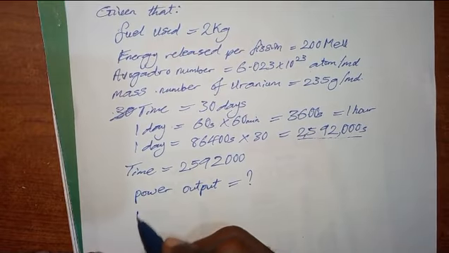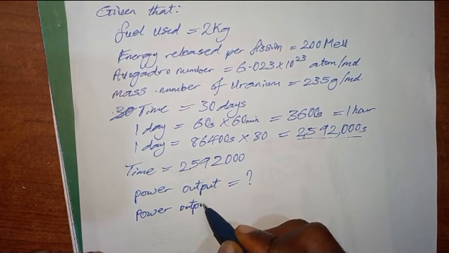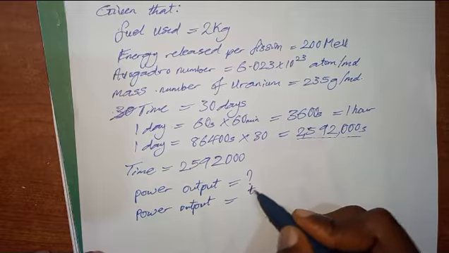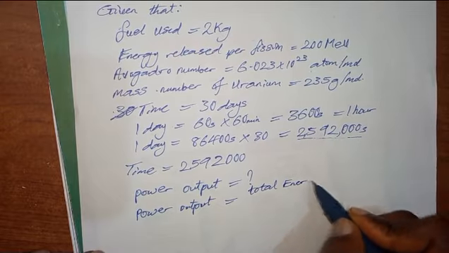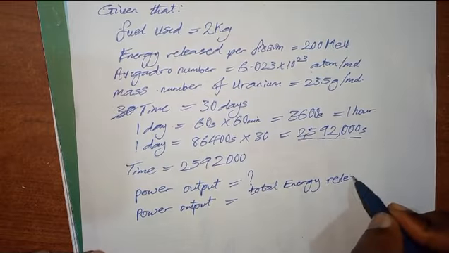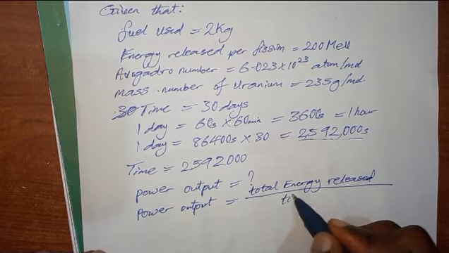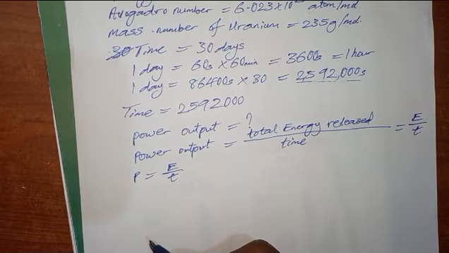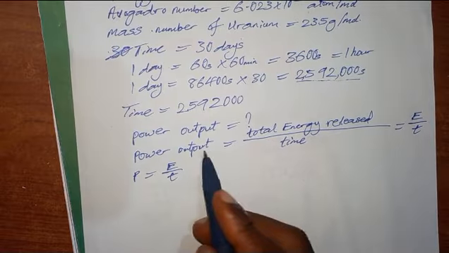This is the formula: power output is equals to total energy released divided by time. So let's represent the total energy released as E and power output as P.